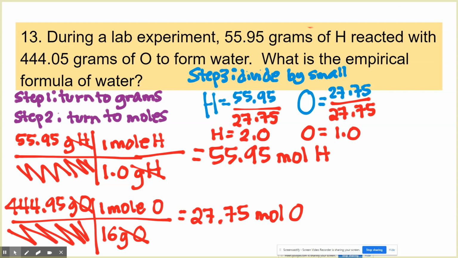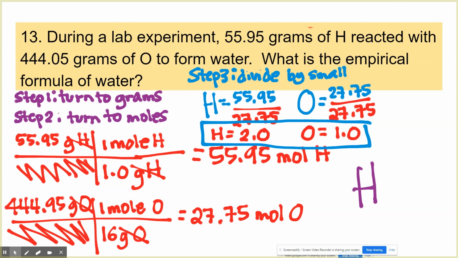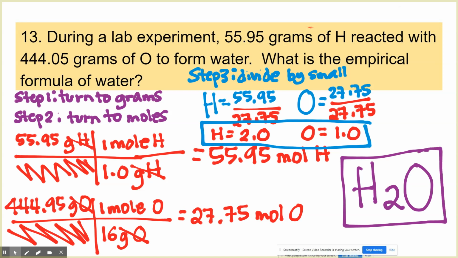But it's already a whole number. So that's going to be our subscripts. That's already the answer right there. And that's going to be your subscripts. So the final answer is H2O1. But 1 is invisible. So the formula here is simply H2O. You got it?